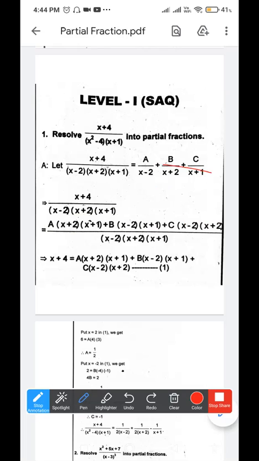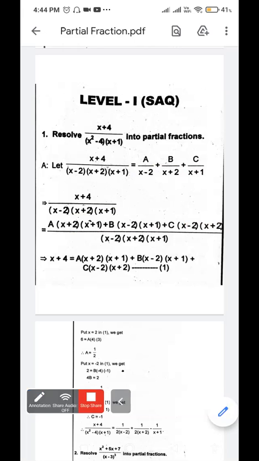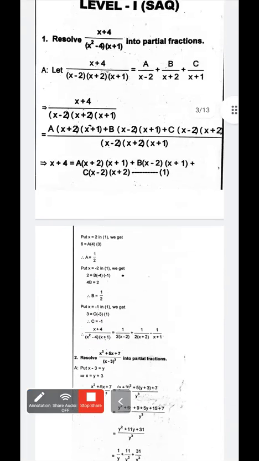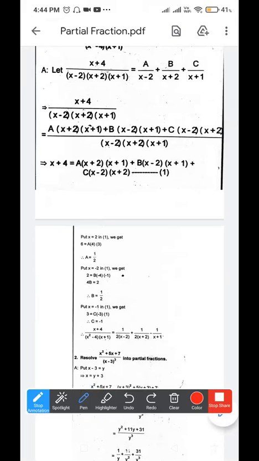And as you know, the denominators will also multiply. It's like (x - 2)(x + 2)(x + 1). Now what we are doing is equating the numerators, because the denominators will cancel out from both sides.